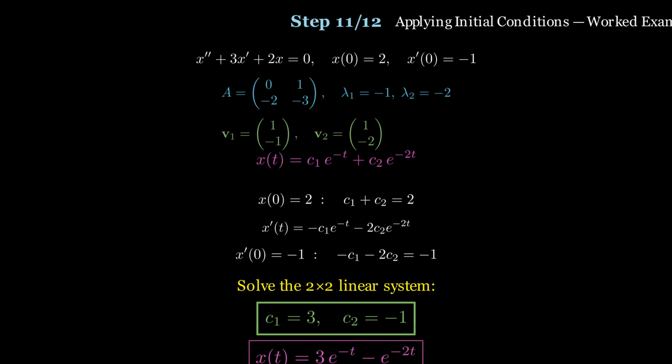Plugging in t equals 0 gives c1 plus c2 equals 2. Differentiating and plugging in t equals 0 gives minus c1 minus 2 c2 equals minus 1. Solving this linear system gives c1 equals 3 and c2 equals minus 1. So the final answer is x of t equals 3 e to the minus t minus e to the minus 2t.